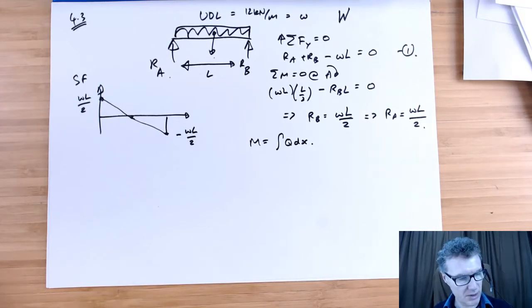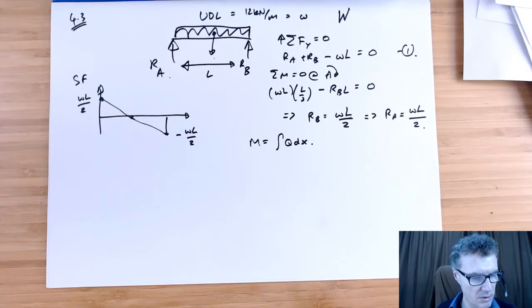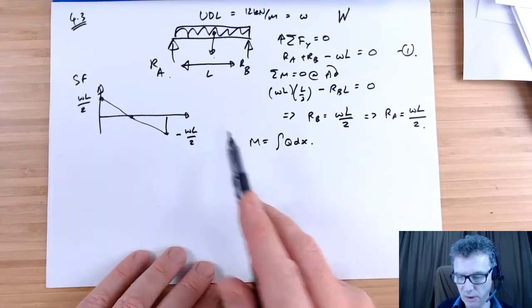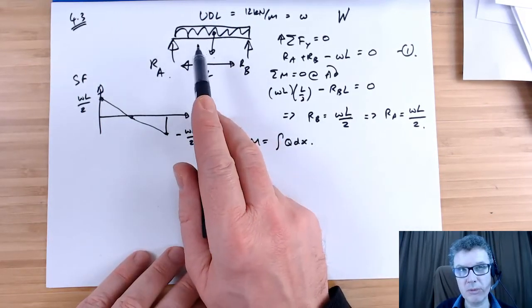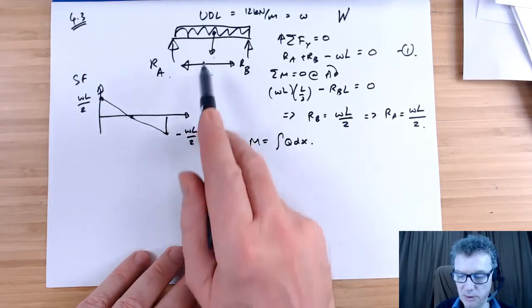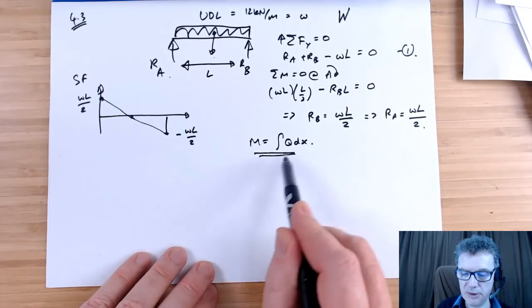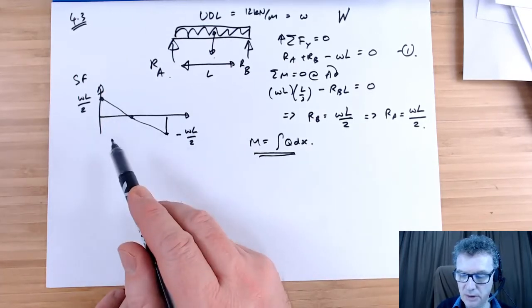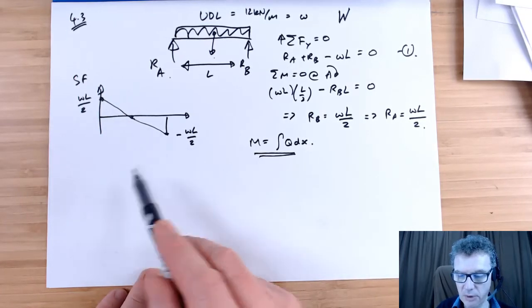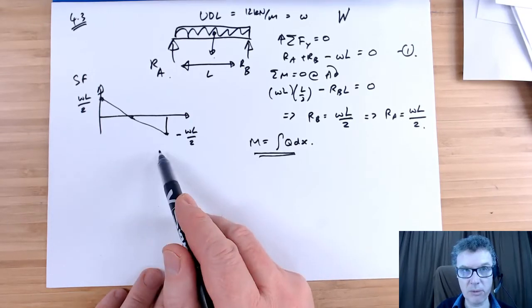If you don't want to do that, you could do that using the approach that we were doing with stress level 1, so I suppose I ought to do it that way, but that would be my preference, is to integrate this to find the bending moment equation, because basically I need a bending moment equation.